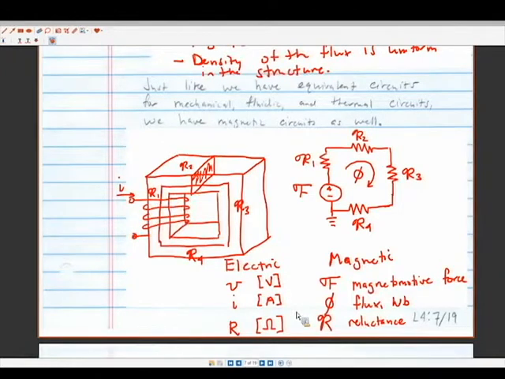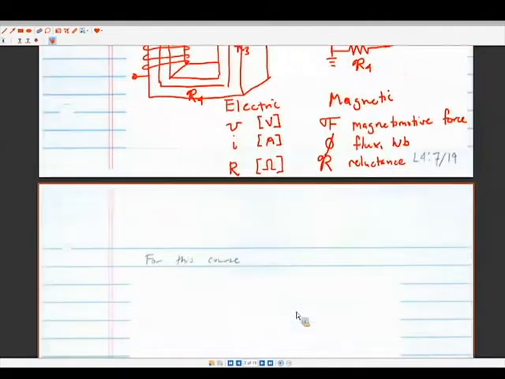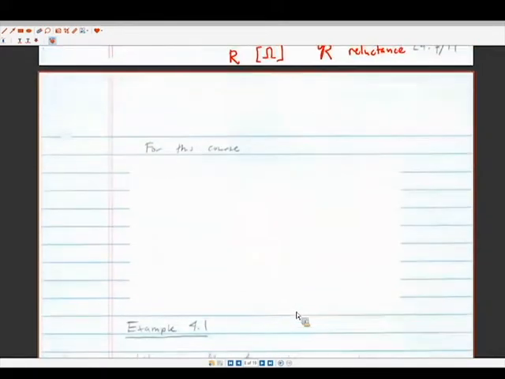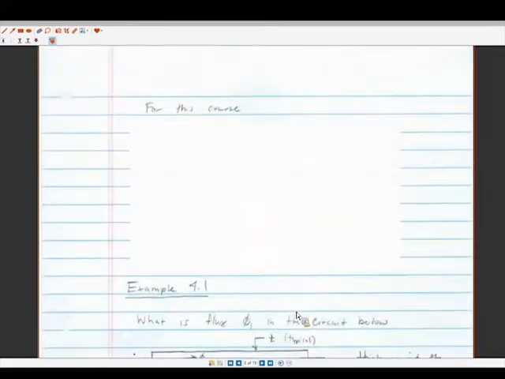So let's go through an example. I hope this will help with understanding too. Okay, sorry, I got ahead of myself a little bit.